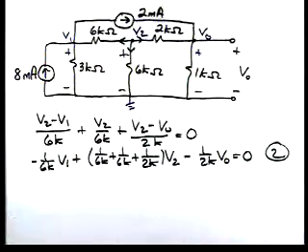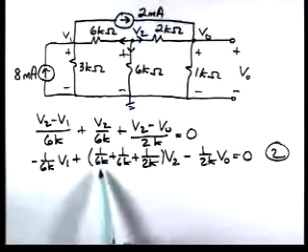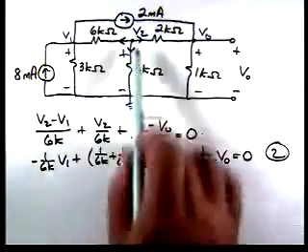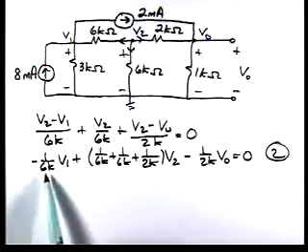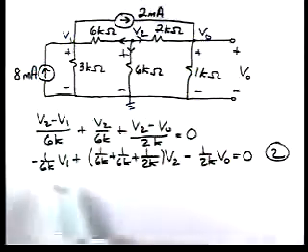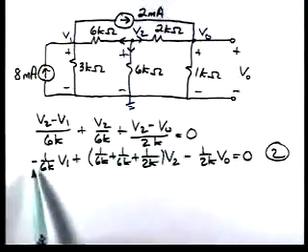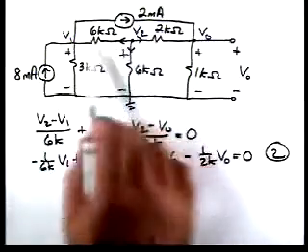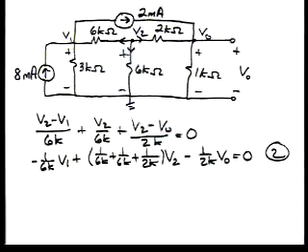So there's our second equation. And if you look at our terms, this term is the sum of the conductances connected to node 2. This term, we have a 6K resistance, which is a conductance of 1 over 6,000, and this turns out to be negative of the conductance connected between 2 and 1.